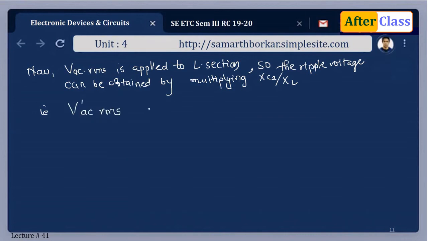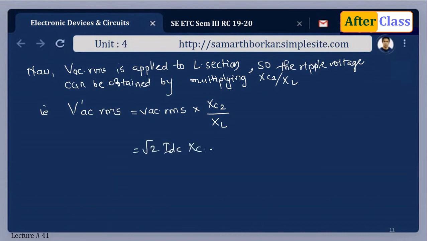Now this is the voltage across the LC section, that is LC2. So it will be VAC RMS into XC2 by XL. So let us simplify this.